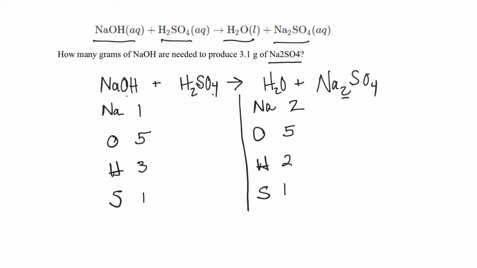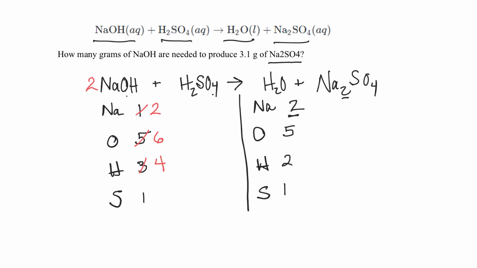Since I have 2 on the product side, I'm going to put a 2 coefficient in front of the compound that contains sodium on the reactant side. That changes the sodium to 2, but it also changes the oxygen. Now we have 6 oxygen, and it also changes the hydrogen to 4. Now let's do sulfur.